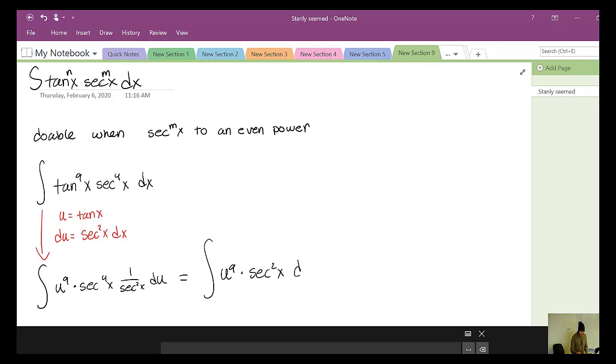And now, if you remember, in the other problems, when we had an extra sine squared or cosine squared left over, we used the formula sine squared plus cosine squared equals 1. What formula can I use to get rid of secant squared? Or maybe not get rid, but what formula puts secant squared in terms of tangent squared?